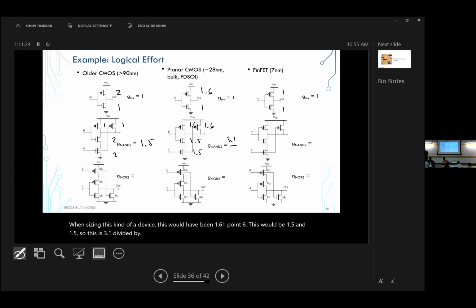So this is 3.1 divided by, what did I do here? By 2.6. So that's like 1.2. And in this case, this is 1, 1, 1.5, 1.5. So this is 2.5 divided by 2, which is 1.25.